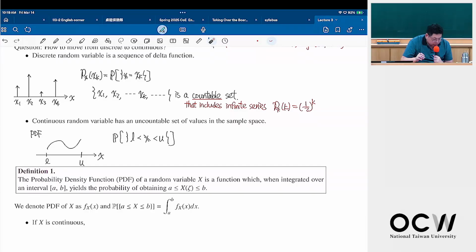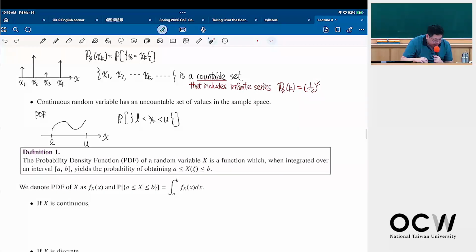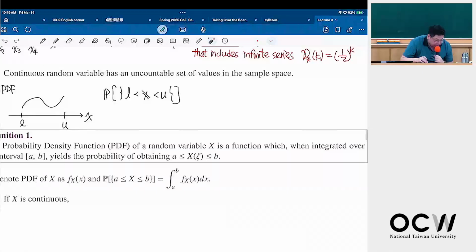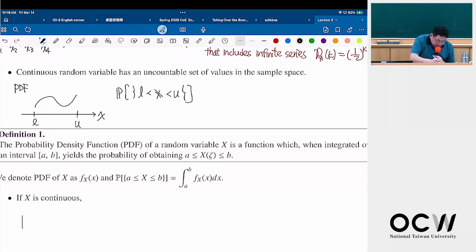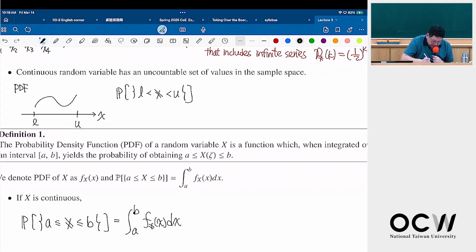So if x is continuous, we know the probability of the random variable between a and b is the integration of the PDF from a to b.